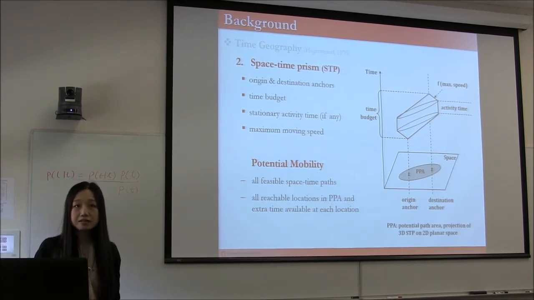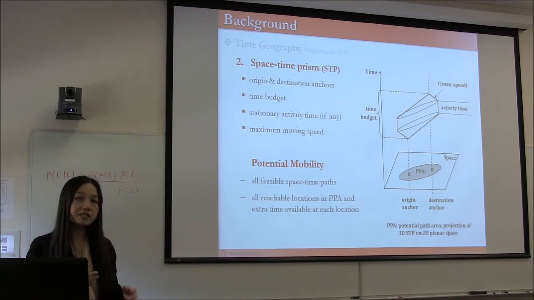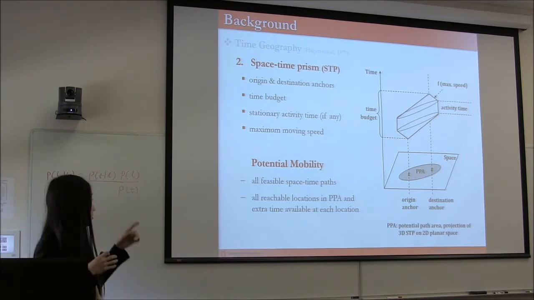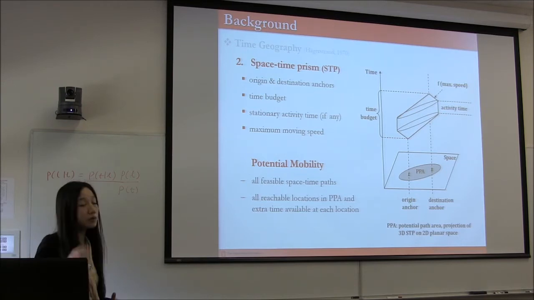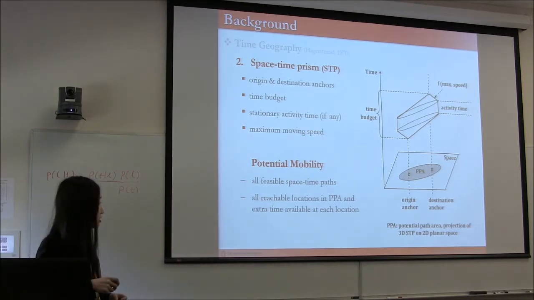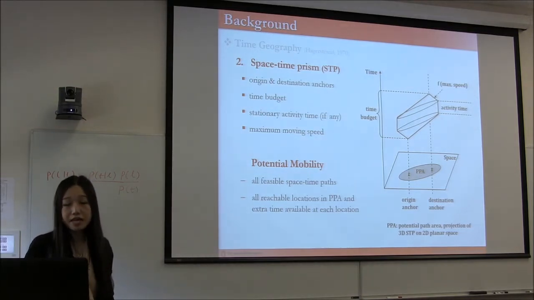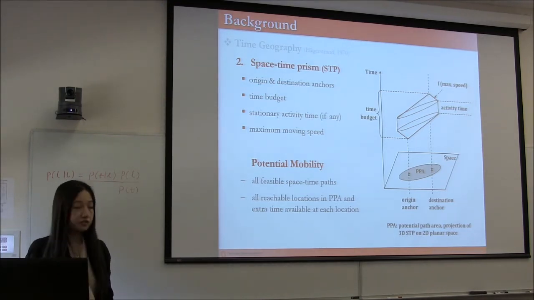It is a representation of individuals' potential mobility. This can be understood in two ways. First, it is the envelope of all feasible space-time paths between those two activity locations. Another way to understand it is that it is the limit of all the reachable locations in the geographic space, as well as the available time at those locations.